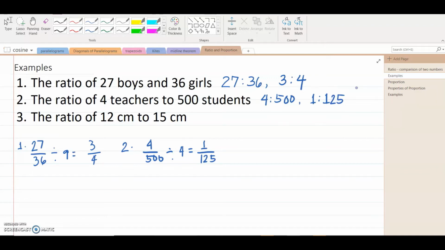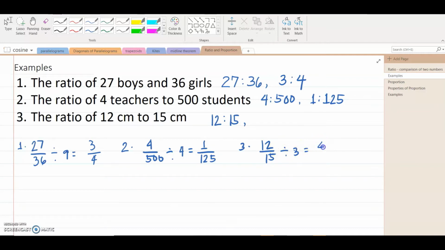Then number 3, the ratio of 12 centimeters to 15 centimeters, the same unit of measurement. First we write it as 12:15. So we have 12 over 15, and we divide by the common number, the GCF of 12 and 15, that is 3.